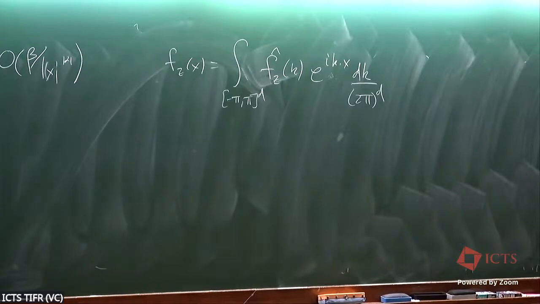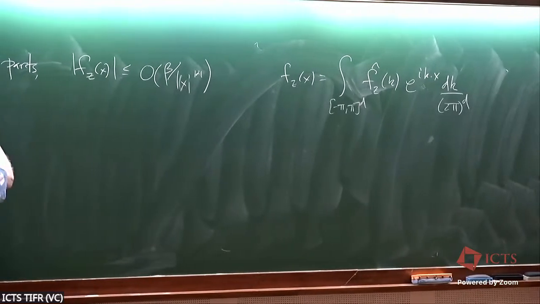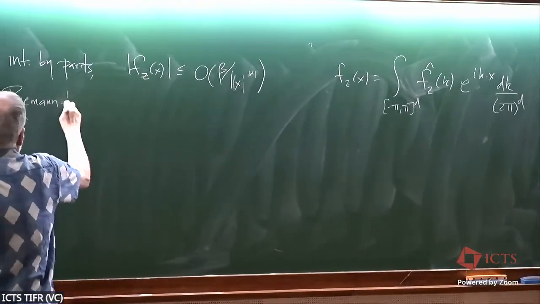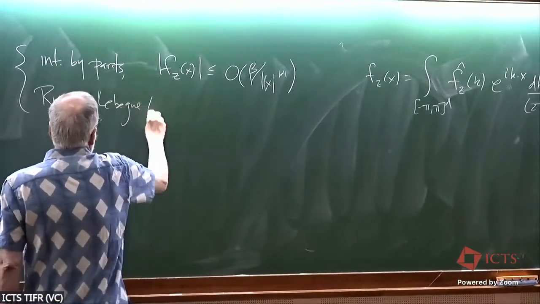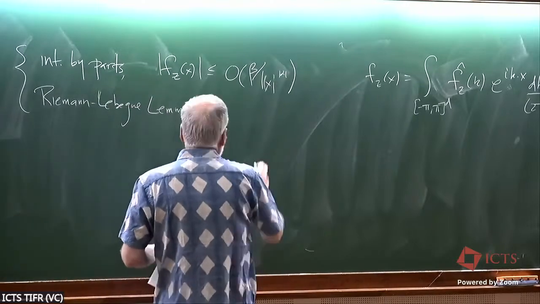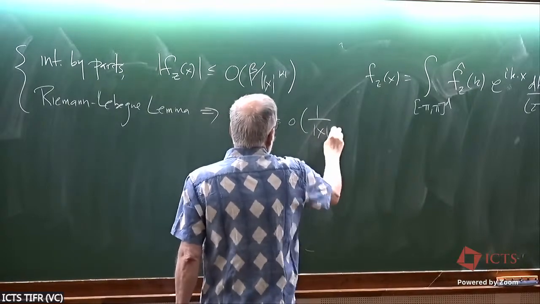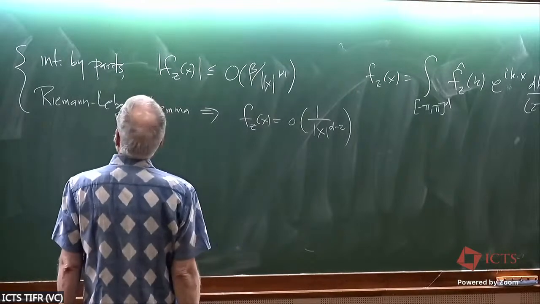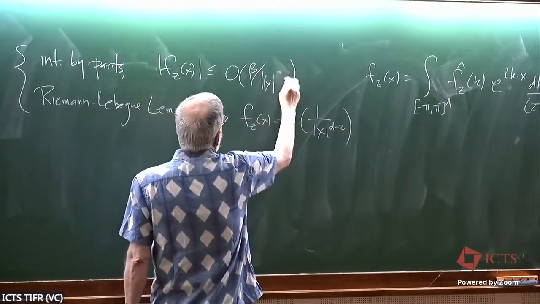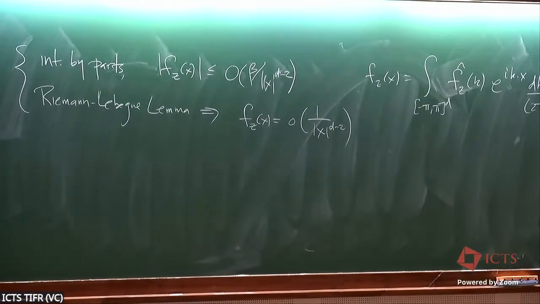And not only that, but this fact that this derivative is in L1, by the Riemann-Lebesgue lemma, tells me that f_z of x is little o of 1 over x to the d minus 2. And let me actually take the best alpha I can take there, which is d minus 2. That's automatic by Riemann-Lebesgue.